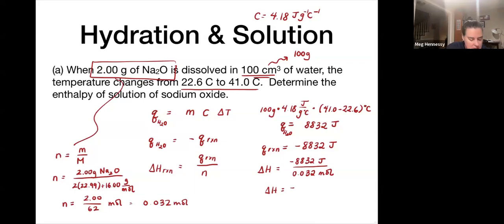I get minus 273,792 joules per mole. All of the values we've been working through today are in kilojoules. So I'm going to call this minus 274 kilojoules per mole. Feel free to tell me if you don't agree with that answer.